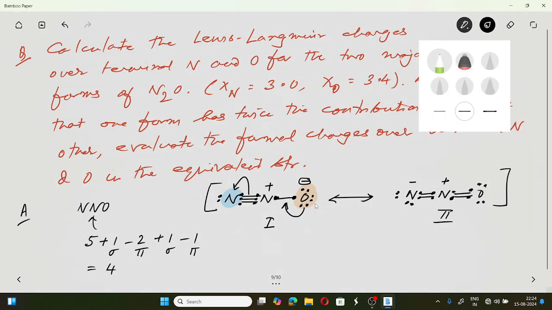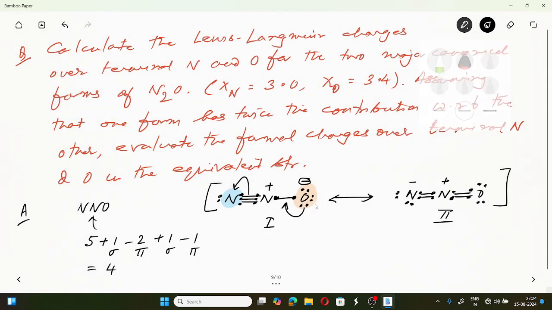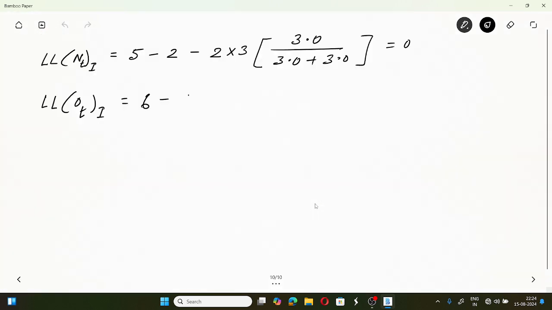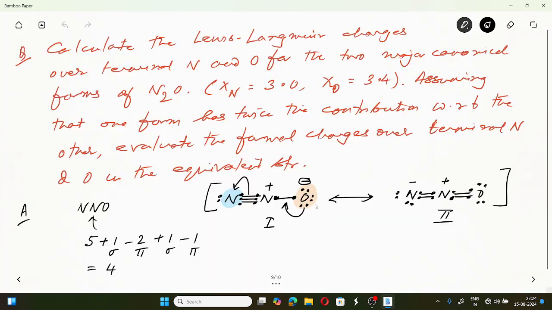So it is 6 minus 2 into the number of bonds. How many bonds are there? Only one bond is there, isn't it?